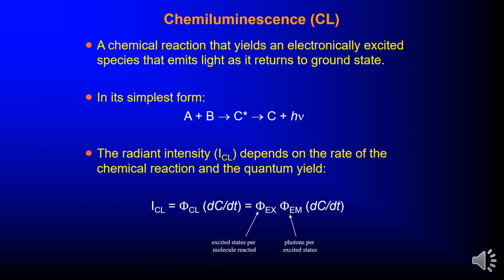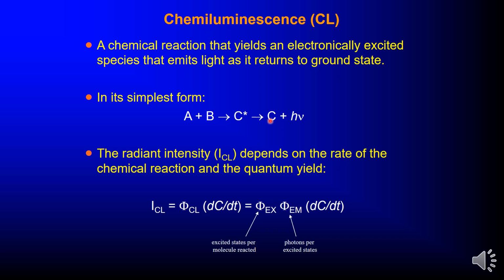Then chemiluminescence, a chemical reaction that yields an electronically excited species that emits light as it returns to ground state. In its simplest form, we have A interacting with B, then it gives us C in an excited state.